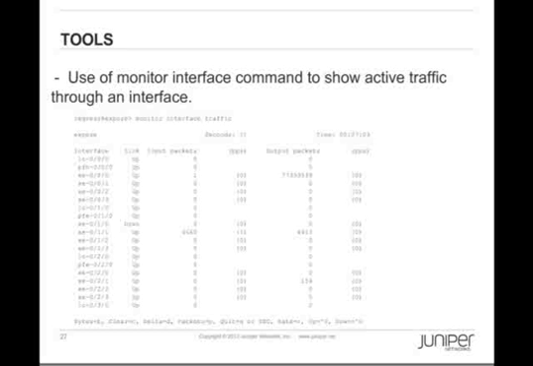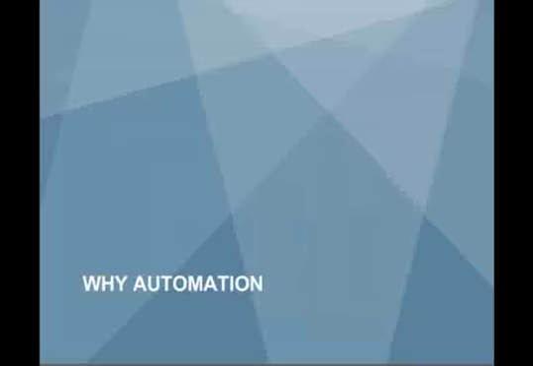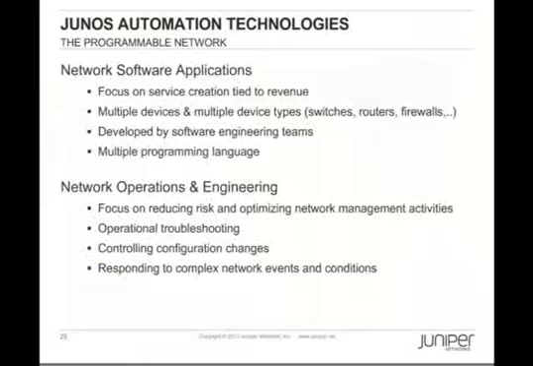So let's go. I'm going to try and go as quickly as I can through Junos Automation. I think it's quite valuable. So go ahead, next slide, please. So we have Junos Automation. What is automation within Junos? It's the ability to automate.